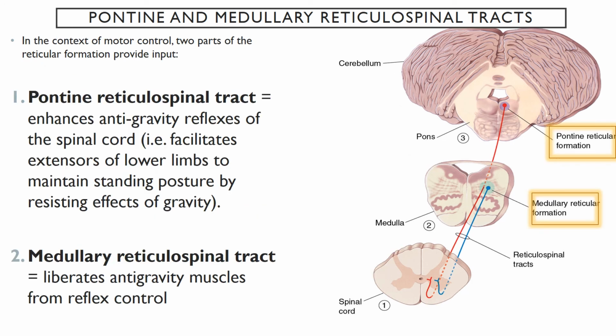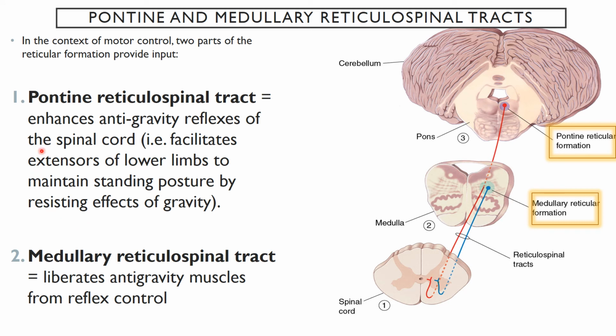In the context of motor control, there are two parts of the reticular formation that provide input. There's the pontine reticulospinal tract. This originates in the pontine reticular formation in the pons, which is an area that's just below the spinal cord. This is involved in anti-gravity reflexes.